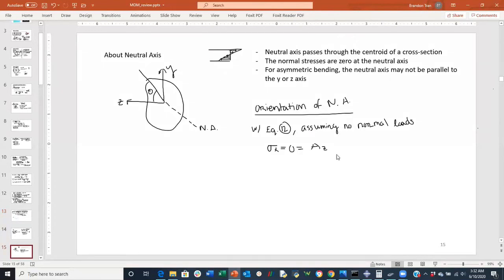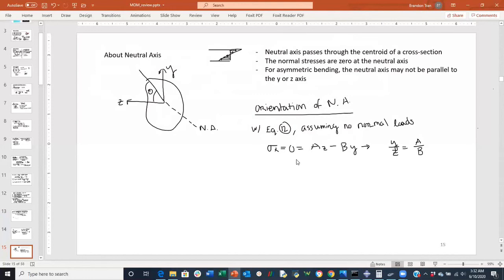So it's A times Z minus B times Y. Doing some algebra, you will get Y divided by Z is equal to A over B.